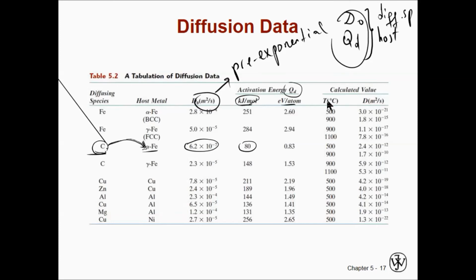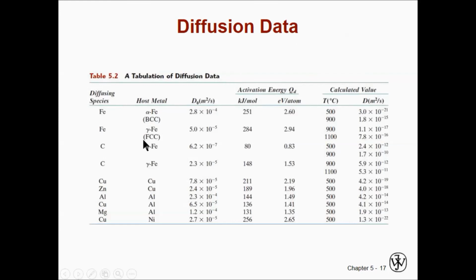Now we have some temperatures listed, and for each temperature I have diffusion coefficients given. So what do I have? Let's erase everything. When we have iron diffusing in alpha iron at 500 degrees Celsius, that is the diffusion coefficient.